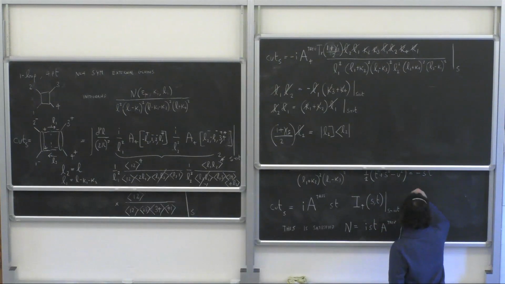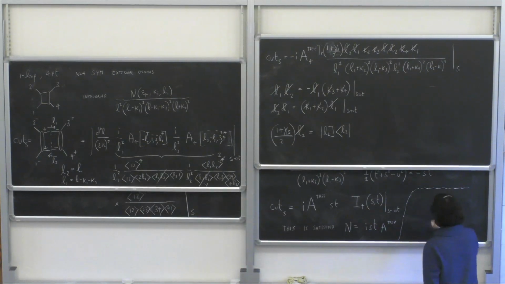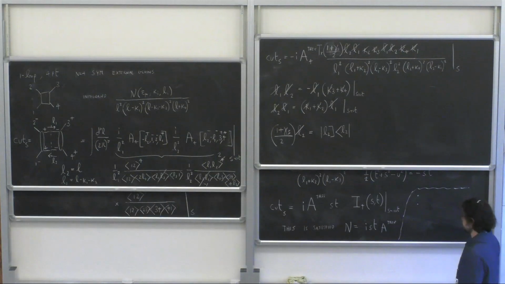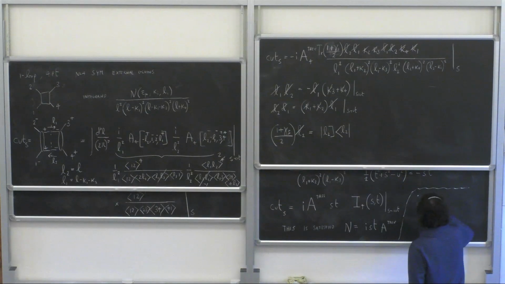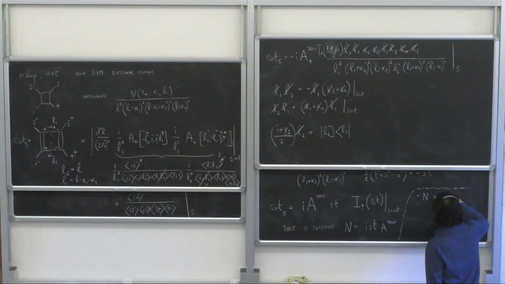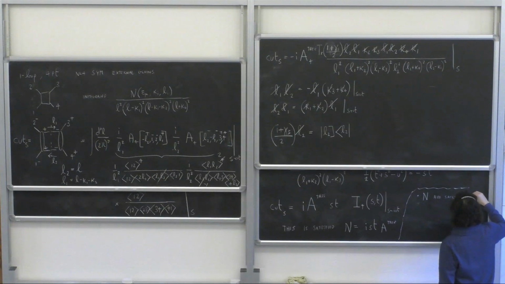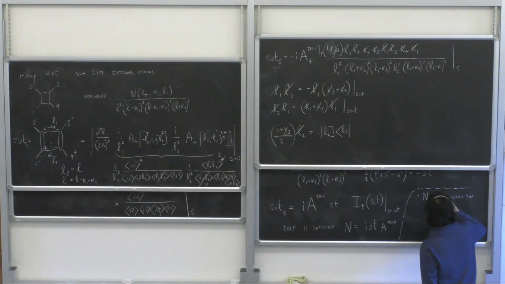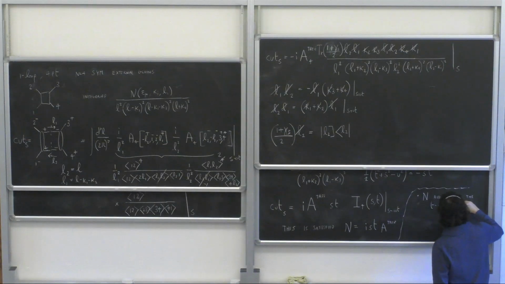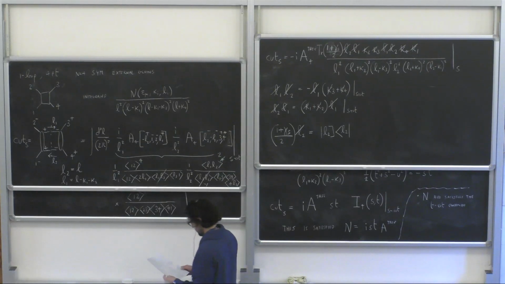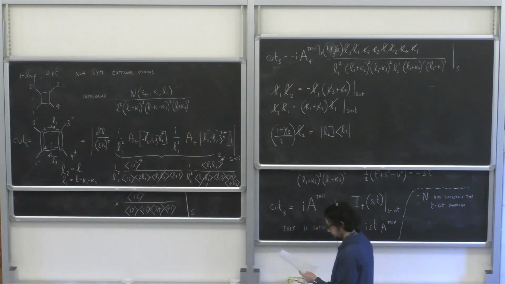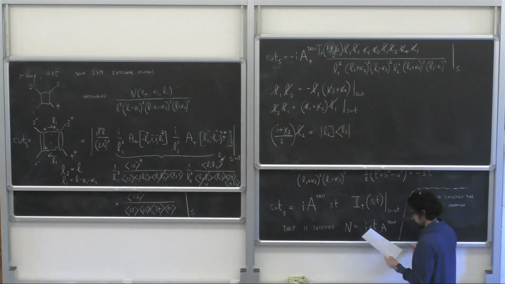Now, what should be verified, and I'm not going to do it here, but this is a straightforward exercise, is that this particular choice for the numerator also satisfies the T-cut condition. So we have a simple ansatz for our numerator that satisfies the cuts in all channels.